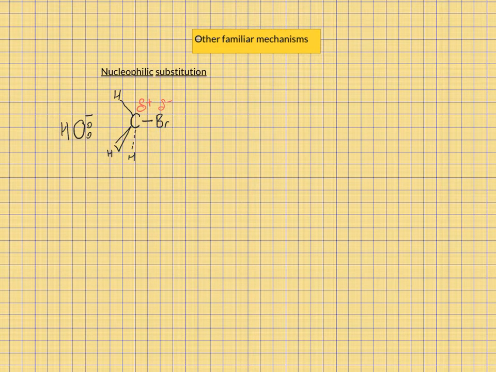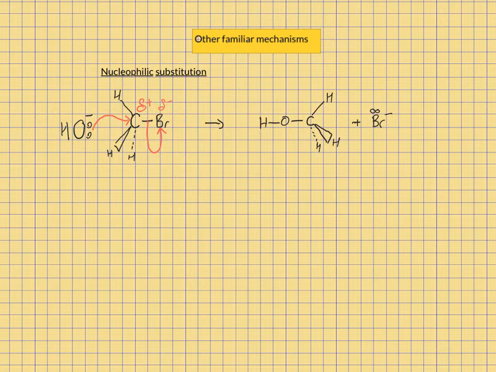If we look at the proposed mechanism, the hydroxide ion donates a lone pair of electrons to the electron deficient carbon, and at the same time the carbon bromine bond breaks and the bromine leaves, taking a pair of electrons with it.